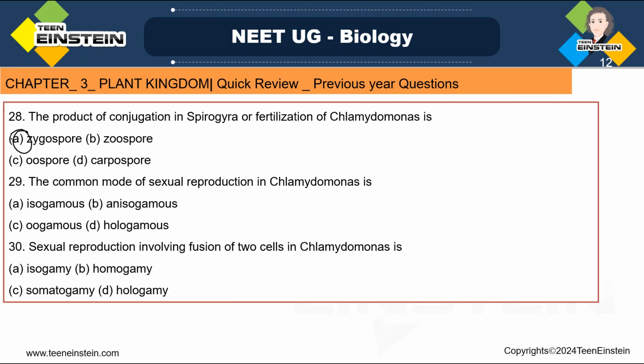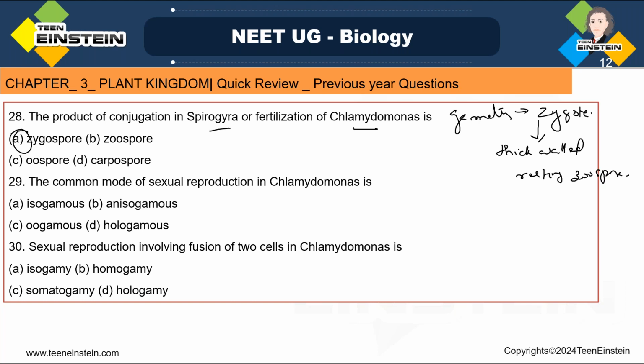Both Spirogyra and Chlamydomonas are green algae, and in them the gametes fuse to form a zygote, which develops into a thick-walled resting zygospore.